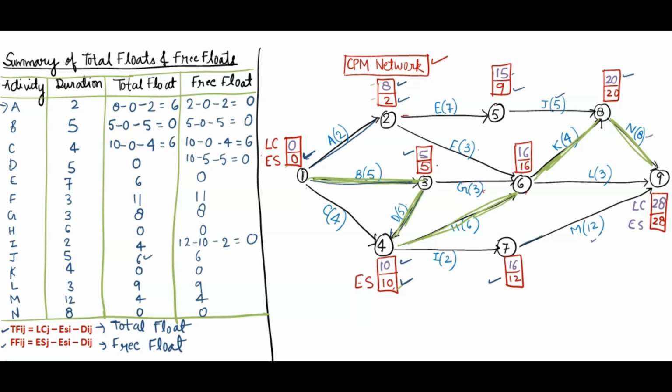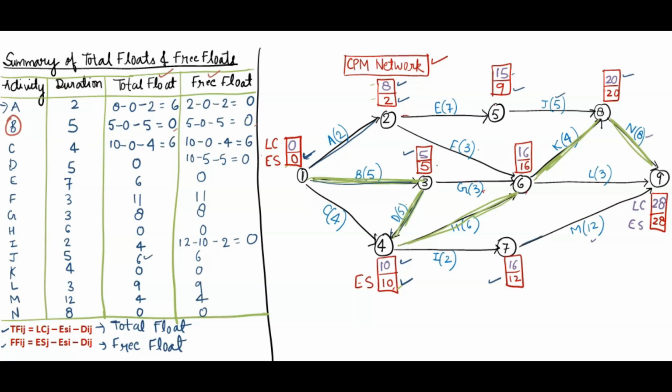Okay. So here what you have to see is where total float as well as free float is 0. Both are 0. So that path will become the critical path. For A activity, total float is 6. No, this is not the critical path. For B activity, total float 0, free float 0. So yes, this is the critical path.